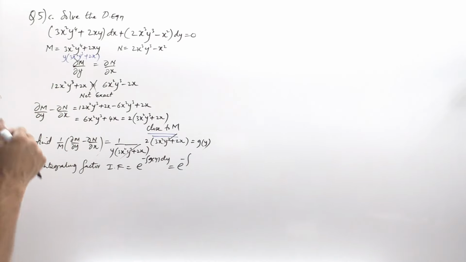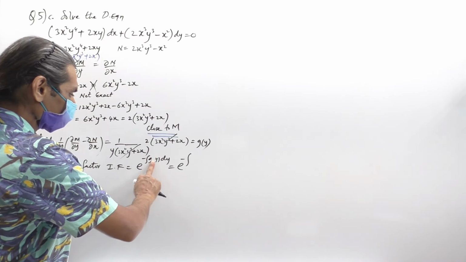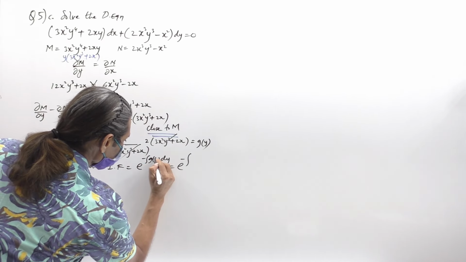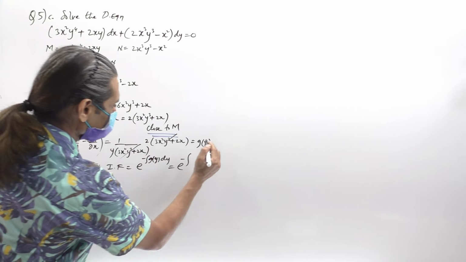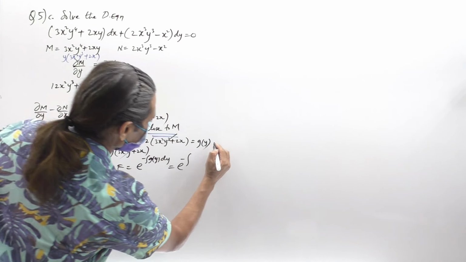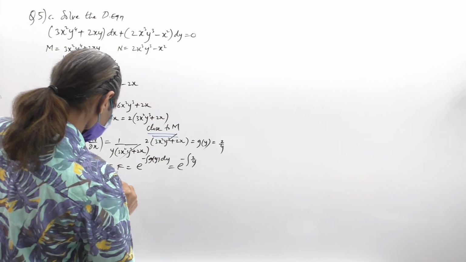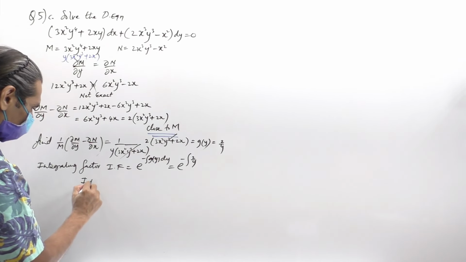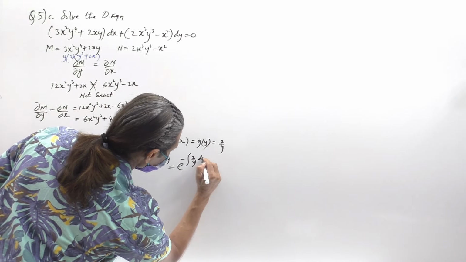But here, since it is close to M, the IF is taken as e raised to minus integration of g of y dy. So minus, what's g of y? It's nothing but 2 by y. So the integrating factor is e raised to minus integral of 2 by y dy.